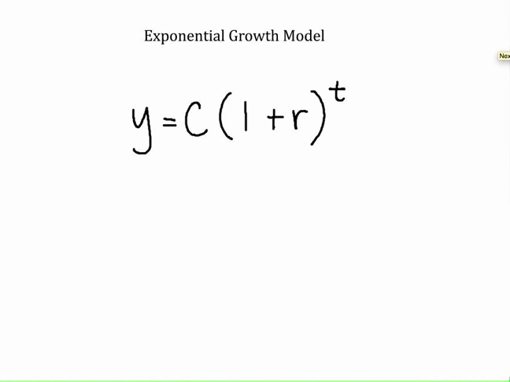Exponential growth model. This is a basic formula that we use for many of the growth models. When something is increased or decreased by a certain rate over time, this is what we would use. C would be the initial amount. R is going to be our growth rate.